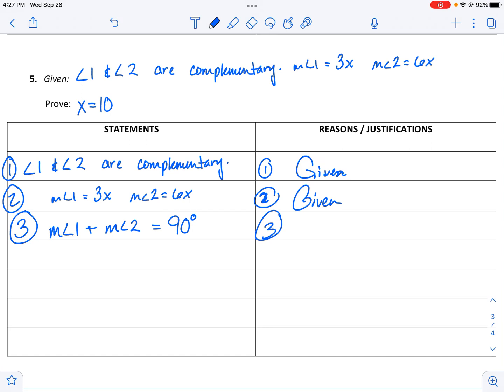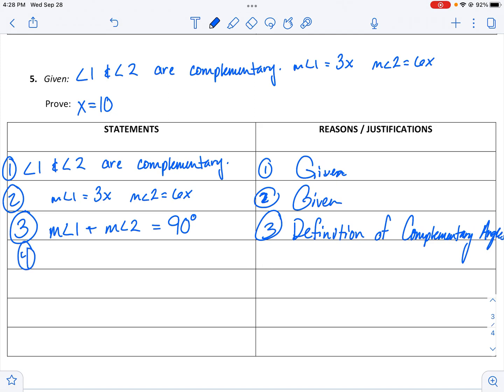And I know that because complementary angles always add to 90. So by the definition of complementary angles, I know that those angles should add to 90.